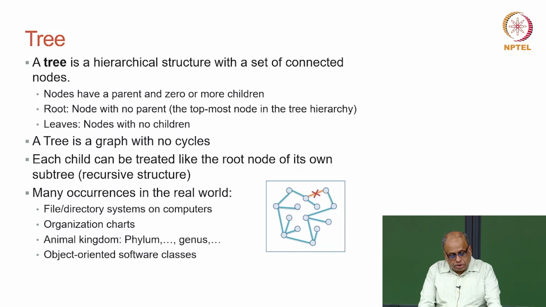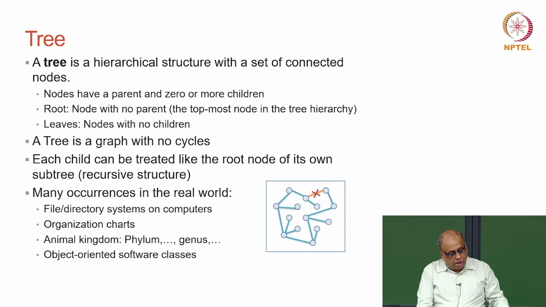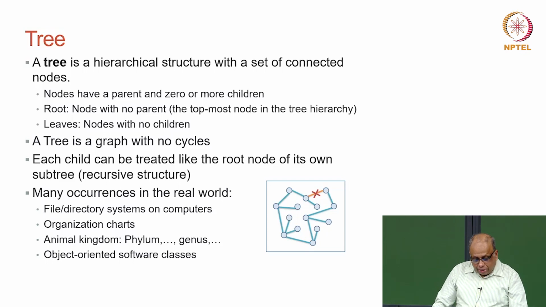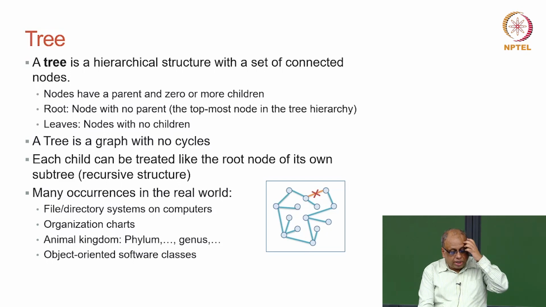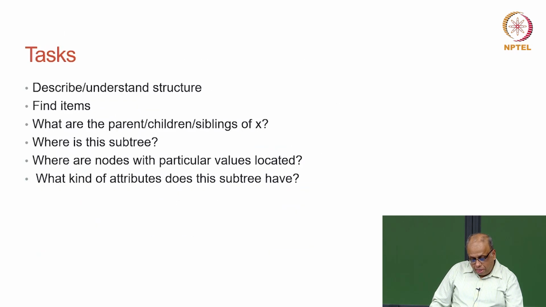Okay. So each child can be treated as the root node of its own subtree. Therefore, the tree has a recursive structure. From each node you form another tree. And obviously there are a lot of practical examples where trees are used, for example network file directory structures, organization charts, and so on.